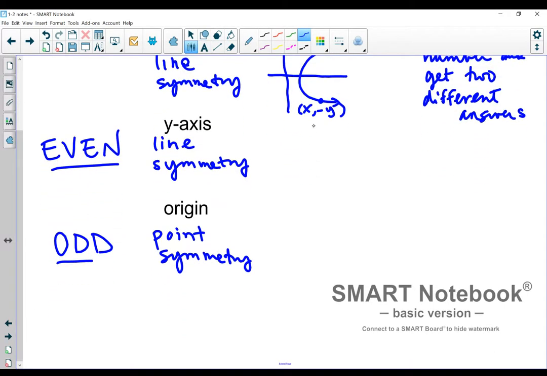Y-axis symmetry, I would need to go ahead and draw my coordinate plane again. And then this time I'm going to draw a parabola that's facing up. So my line of symmetry is right down the middle. So on one side, I have a point that's over x and up y. And on the other side of my graph, it's back negative x and then up y.